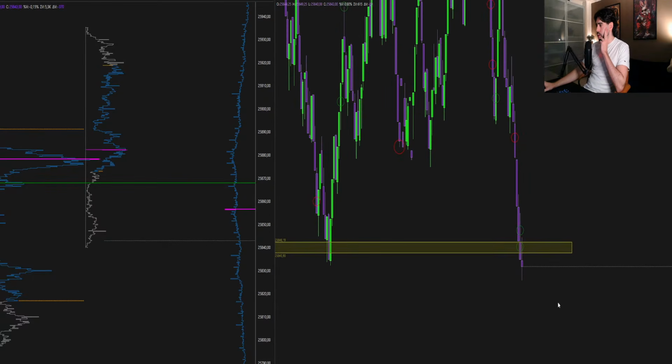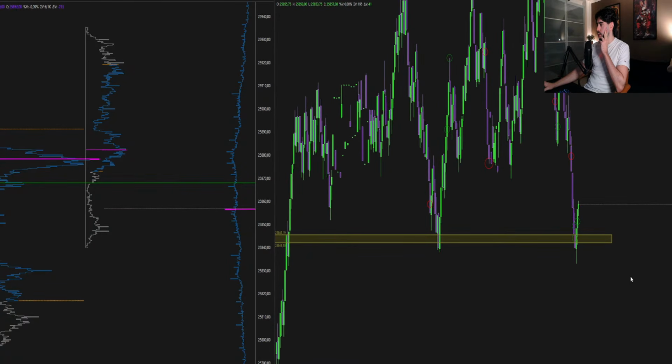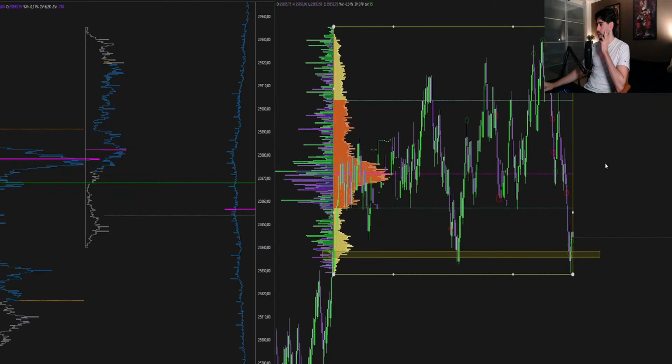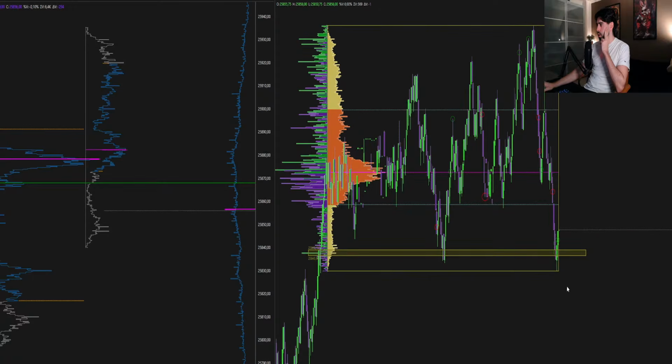So buyers are trying to push it. If we look at the left side. Do you guys think we can get the rotation back to point of control here? I think we might get a retracement here.